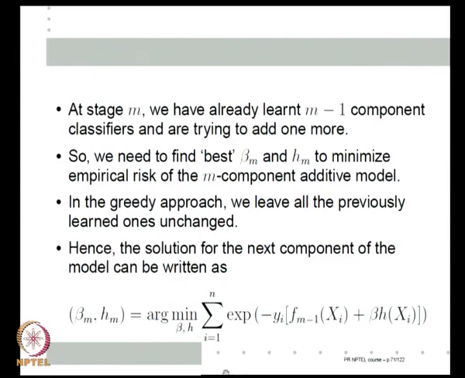This is my empirical loss, empirical risk under the exponential loss. So, if I decide to use the beta and h as the parameters of the next component I am adding to my model, then this is the empirical risk I get. So, I am minimizing it over all beta and h, and that minimizer is what I am calling beta_m and h_m. That is what I am going to add as the mth component in my model.